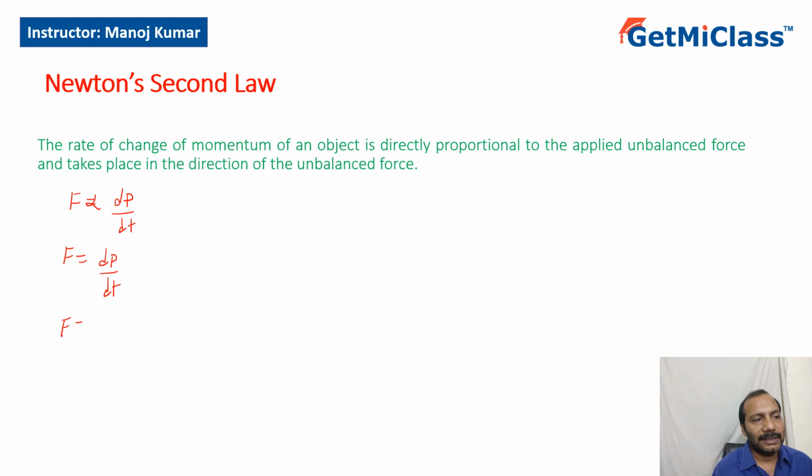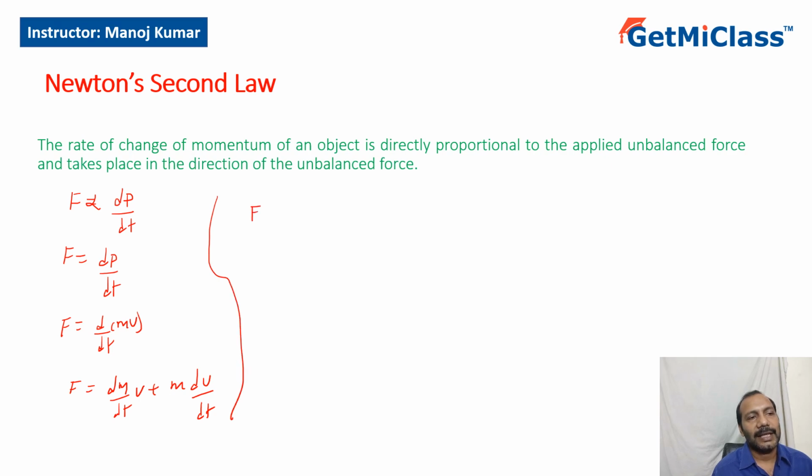Now let me expand it. I write p as mv, then F will be equal to d by dt of mv. This can be written as F equal to dm by dt into v plus m into dv by dt. I have used the UV rule to differentiate it. So F equal to v dm by dt plus m dv by dt, where dv by dt is acceleration.